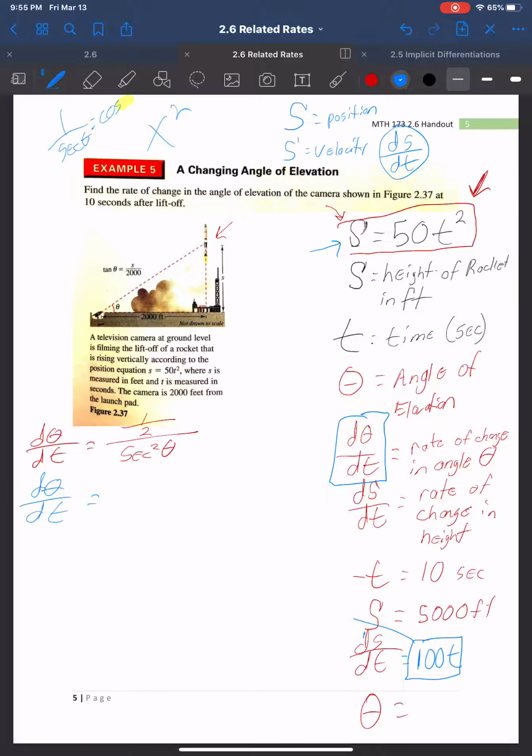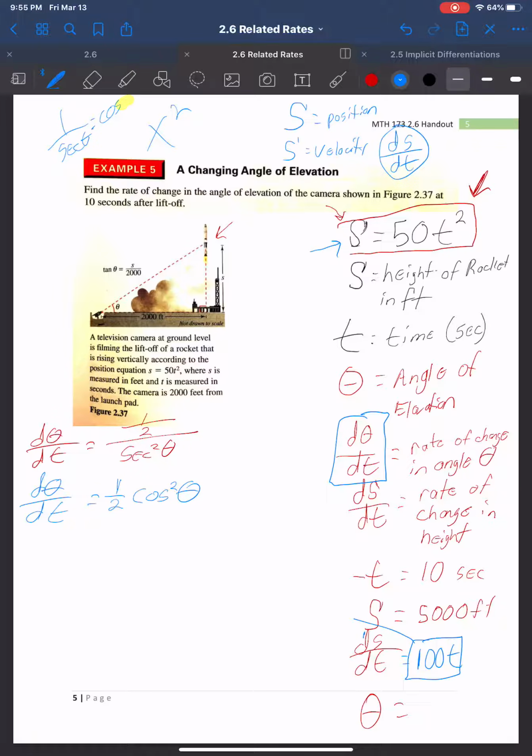So to divide by secant is to multiply by cosine. So I'm going to rewrite this. We don't need to divide by secant squared. To divide by secant squared is to multiply by cosine squared. So I can really just simply write this as 1/2 of cosine squared. All right, now we're getting somewhere.